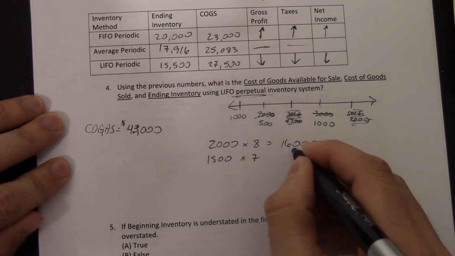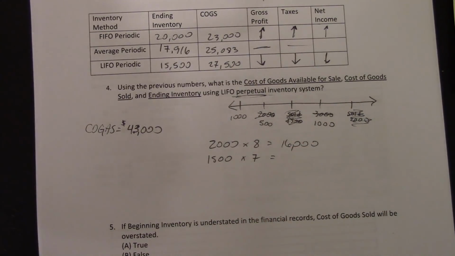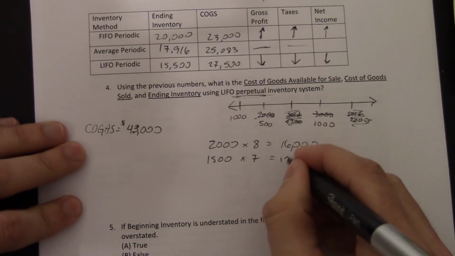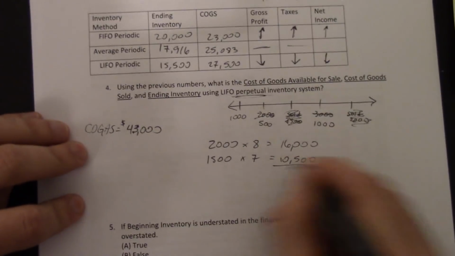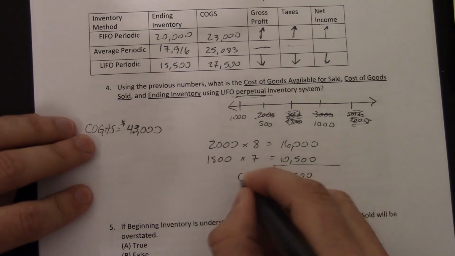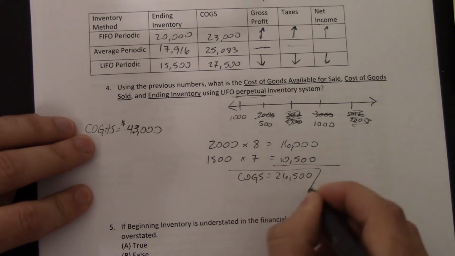So we'll multiply across, that's 16,000, and 7 times 1,500 is 10,500, which gives us a total of 26,500 as our cost of goods sold.